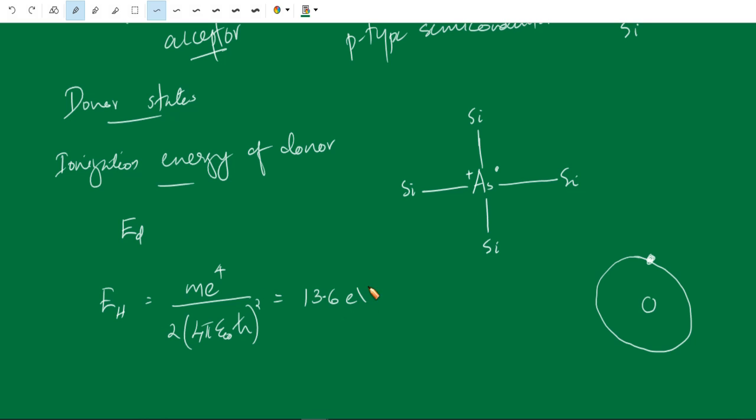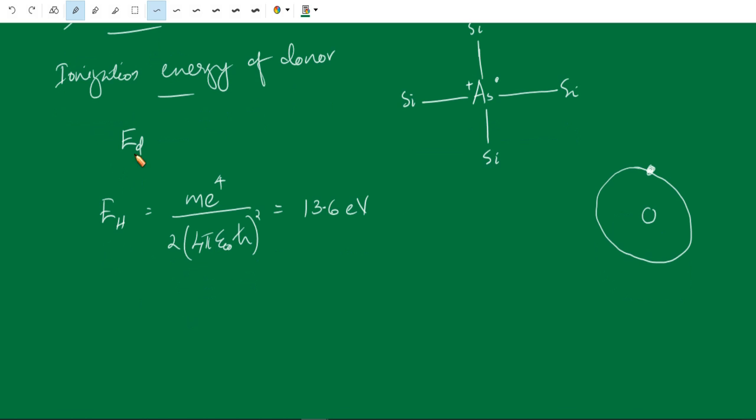This is in joule, and if we convert it to electron volt, it will be 13.6 electron volt. So if we apply 13.6 electron volt, then an electron is detached from the hydrogen atom. Similarly, what is the energy required to release this electron from the potential of the pentavalent impurity? That is given by ED.